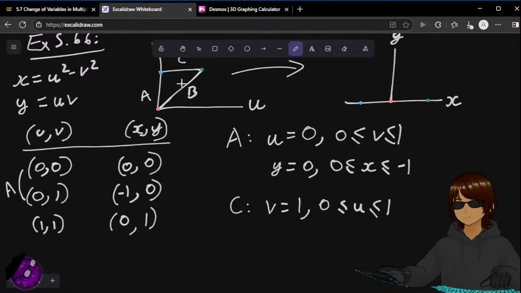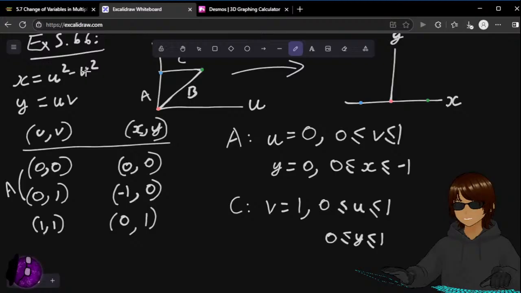So now what? v is 1. So y goes from 0 to 1. y would go from 0 to 1, v remains 1.